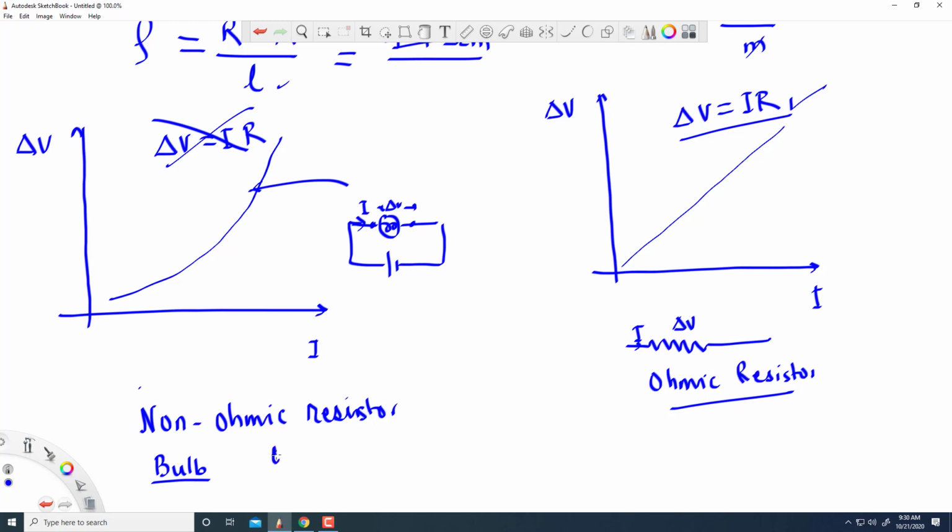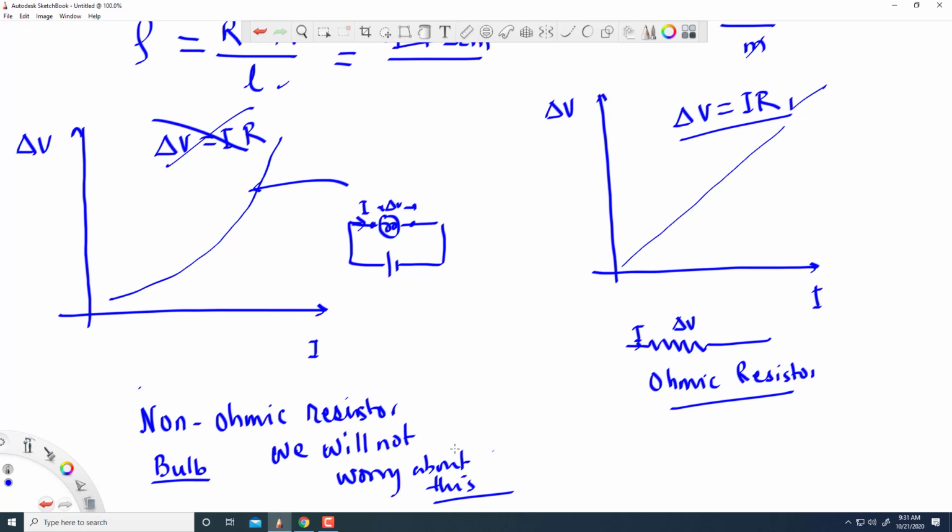So we don't have to worry about this. Semiconductors also are non-ohmic resistors, but we don't need to talk about semiconductors in this course.